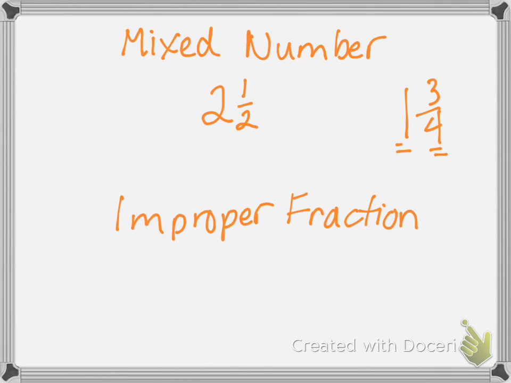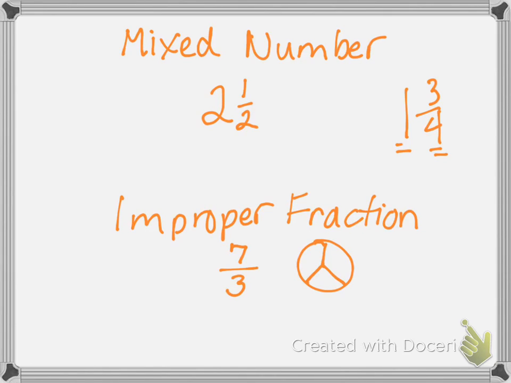Now an improper fraction is also more than one whole. It just looks different than a mixed number. An improper fraction is when your numerator is greater than your denominator. That's going to be more than one whole. So let's look at that. 7/3, our denominator is what we broke our whole into. So we broke our whole into 3 parts.